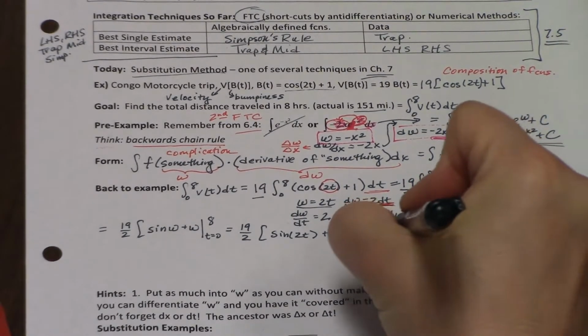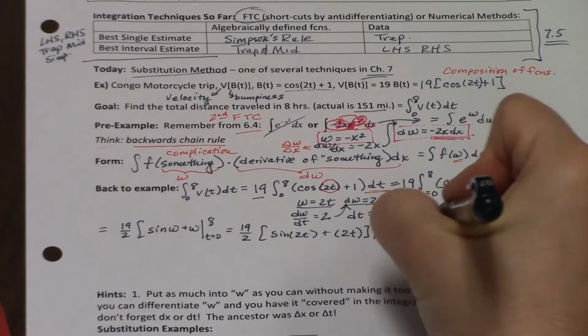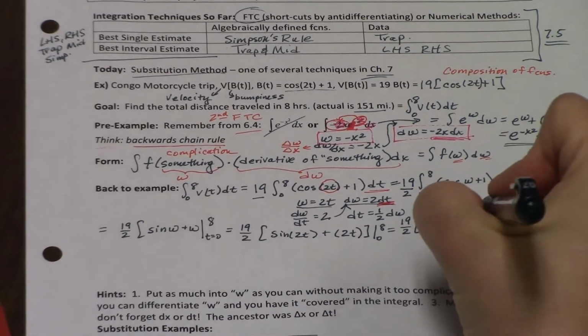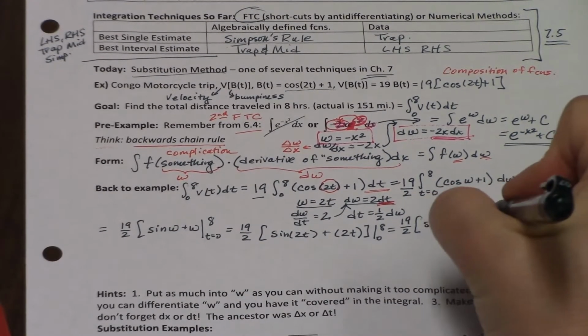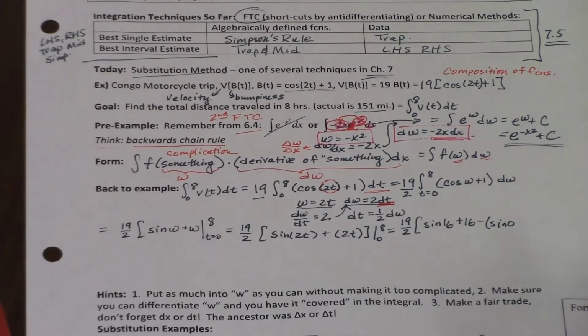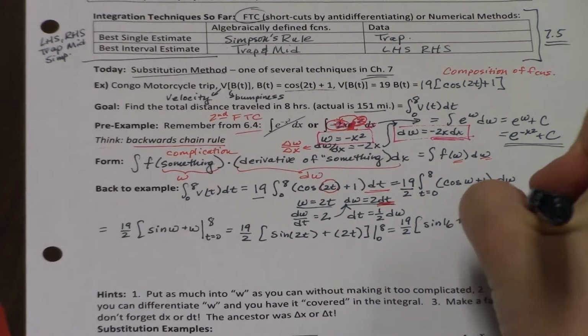So now I'll have 19/2, and then I'll have sine of 16 plus 16 minus, be careful here with your sign, put in the negative sign. I like to put a parenthesis there so you don't forget to distribute that. Sine of 0 plus 0, okay?